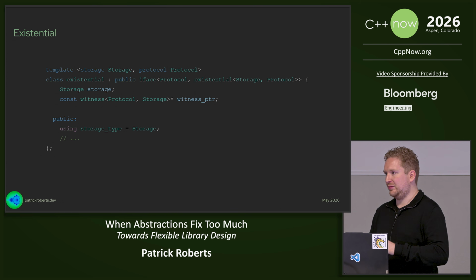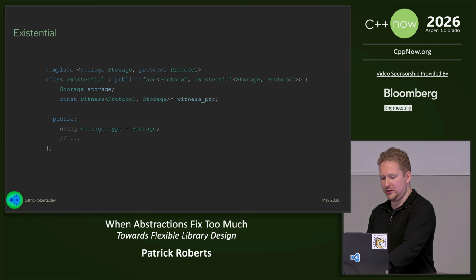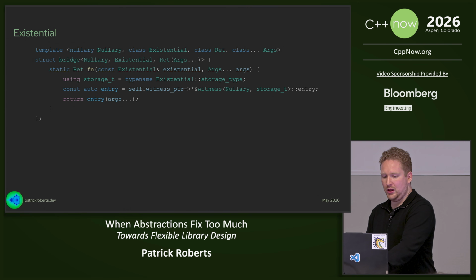The iface exposes all of the syntactic sugar on top of the dispatch mechanism. The storage has to live in the class layout, and that facilitates the storage of the concrete type. And then you have your witness table pointer that gets initialized by the constructor template that takes the concrete type you're storing. That's how everything fits together there.